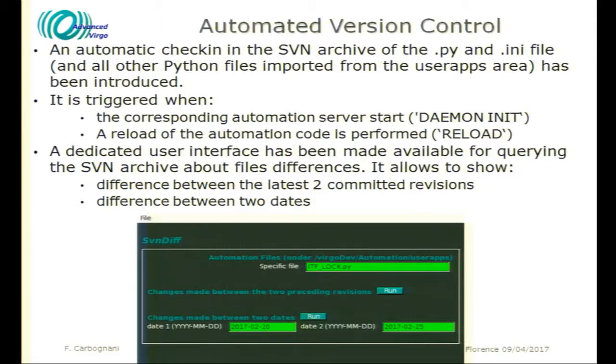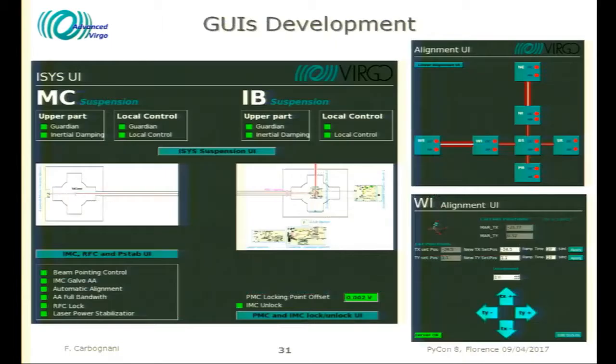Once you have reached a status in which the system is working, you don't want to forget about it, because the main point of what we are doing is reaching a stable condition, and great part of what we are doing is really embedded in the Python code we are developing. So we must keep track of it.